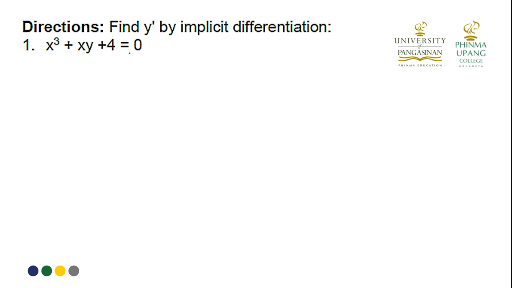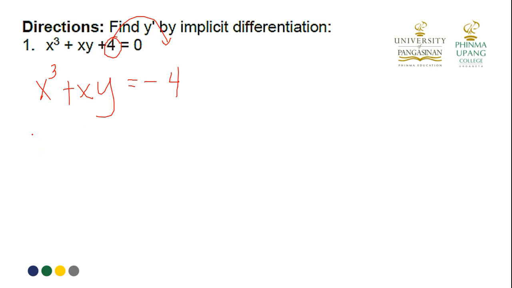Kung ano po may makikita ninyong constant number sa left side of our equation, palagi mo siyang ilalabas. So, in this problem, magiging x cubed na siya plus xy is equivalent to negative 4. Yan po yung magiging sagot natin. Tapos, application ulit ng derivative.